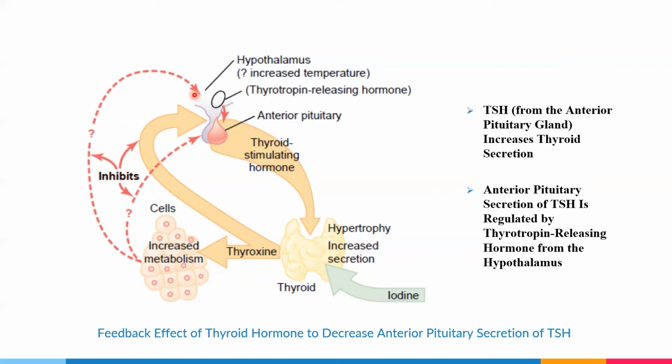And thus, the whole system essentially is a feedback loop involving the three hormones: thyroid stimulating hormone, thyroxine, and thyrotropin releasing hormone, which act in tandem so that there is controlled release of thyroxine by the thyroid gland.